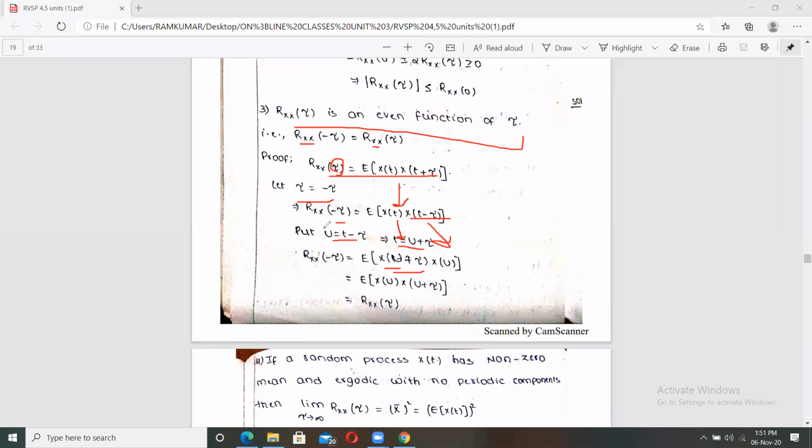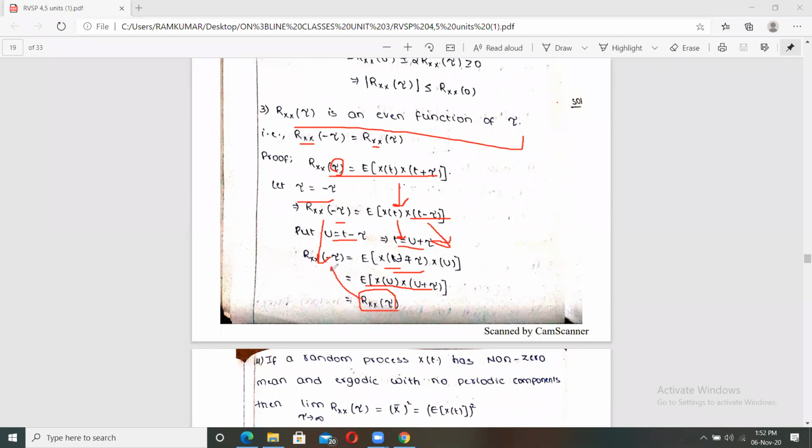Then this equation becomes E of x of u into x of u plus tau here, which is also an autocorrelation function with time delay, R of tau.